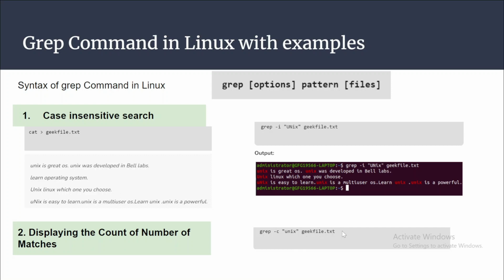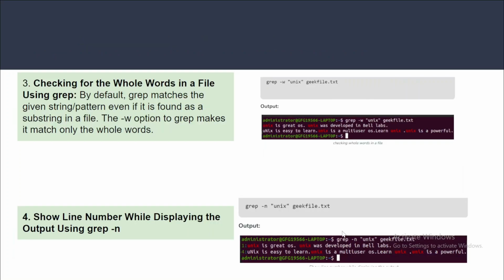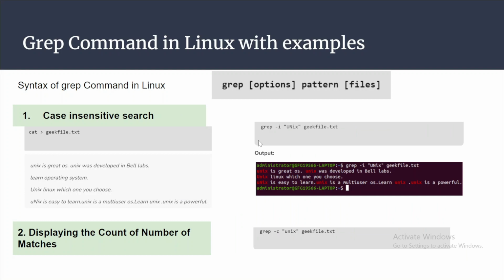Okay, so the third important one is when you are using simply grep, and for example you are not providing -i or -c. You are just giving grep, your pattern and the file name. What it will do is look for this particular string, and it can be anywhere.